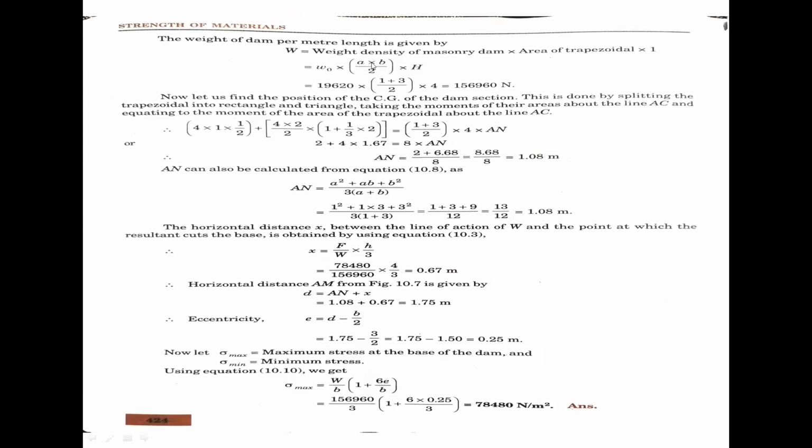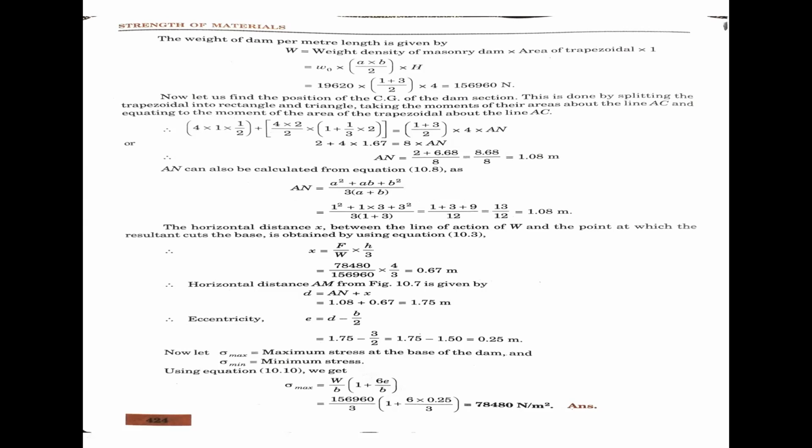Here not multiplication, only adding A plus B by 2 into H. That means 19620 into 1 plus 3 by 2 into 4, H equal to 4. Now the weight of the dam per meter length is 156960 newtons.